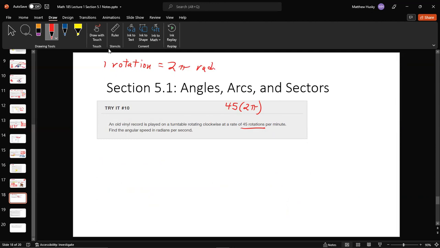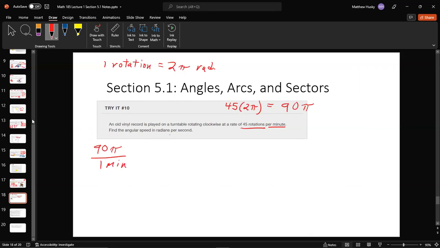So this time we're going to do 45 times 2 pi, which is going to be 90 pi. Also notice that's per minute. So what we're going to do is say 90 pi per 1 minute.